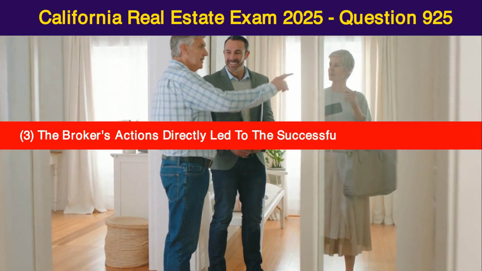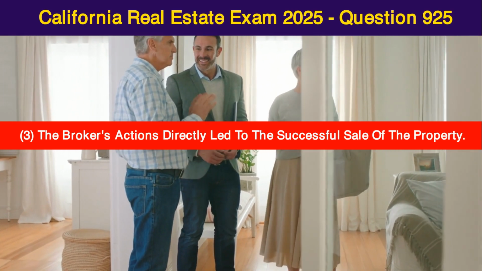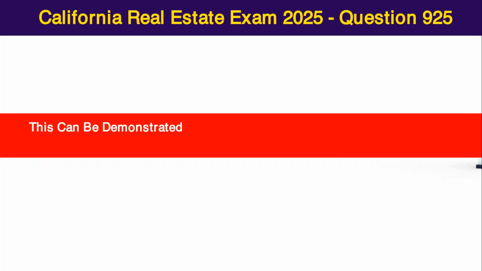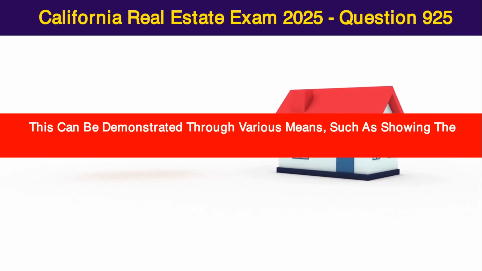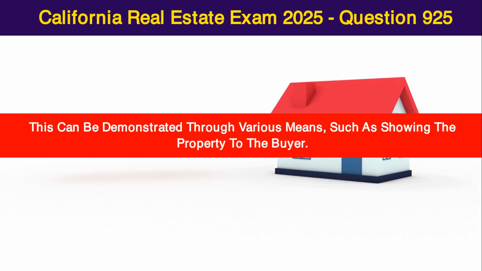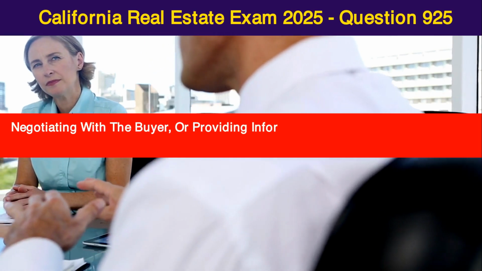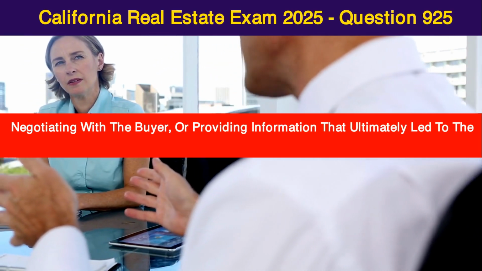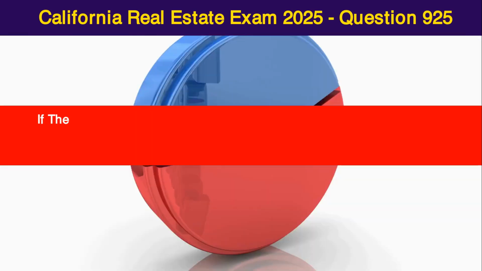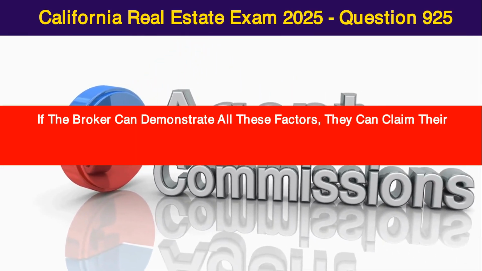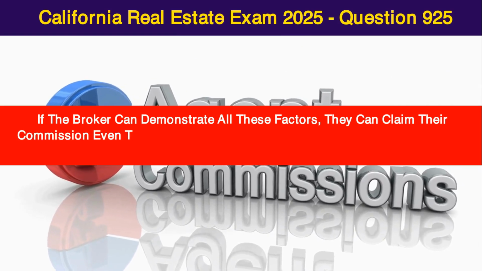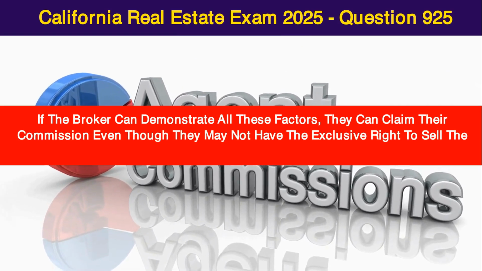The broker's actions directly led to the successful sale of the property. This can be demonstrated through various means, such as showing the property to the buyer, negotiating with the buyer, or providing information that ultimately led to the sale. If the broker can demonstrate all these factors, they can claim their commission even though they may not have the exclusive right to sell the property.